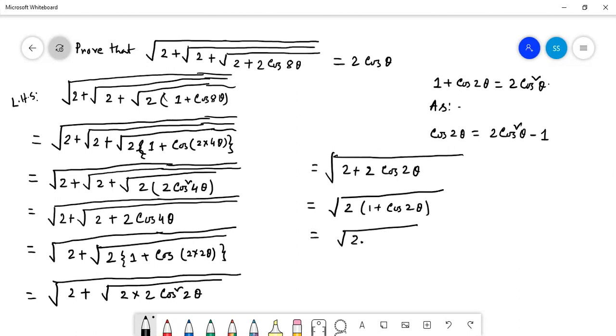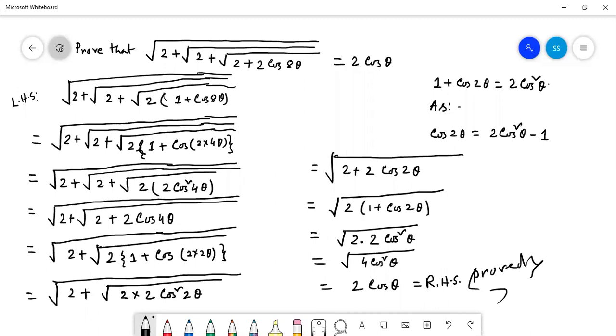So 2 into 2 cos square theta, that means root over 4 cos square theta is equal to 2 cos theta, which was our required right hand side. Is it clear? Did you understand? Yes, sir. Okay, then we are going for the next problem.